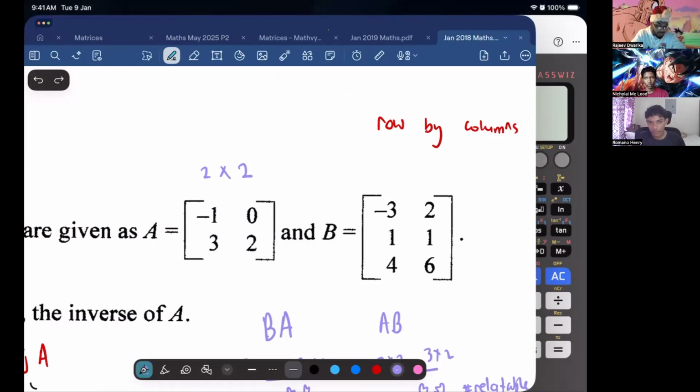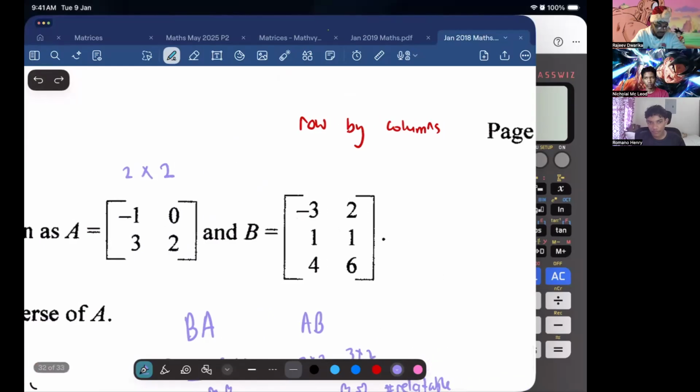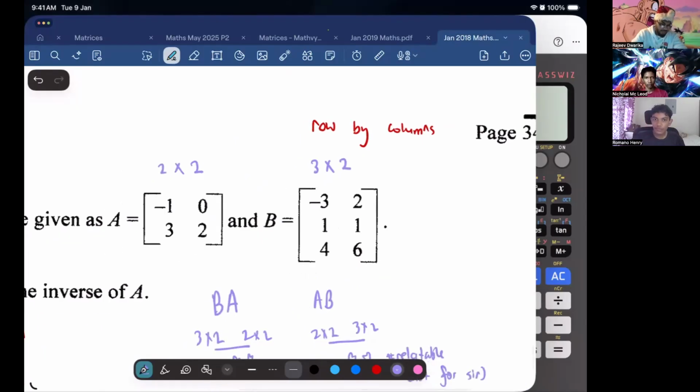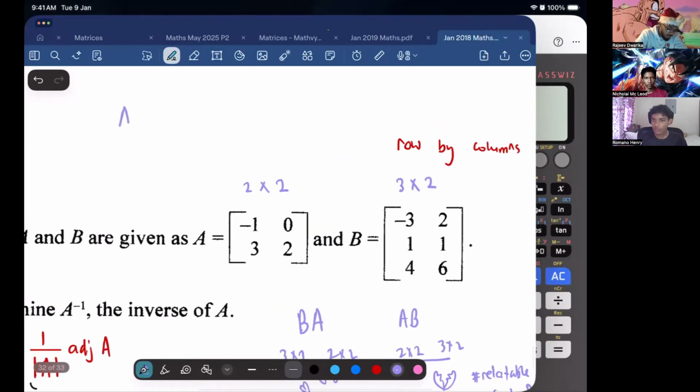What about B? Again, you have to tell me the number of rows first. How many rows in here? 3. How many columns? 2. And they wanted us to find AB. So if it's AB, I'm going to put A first.